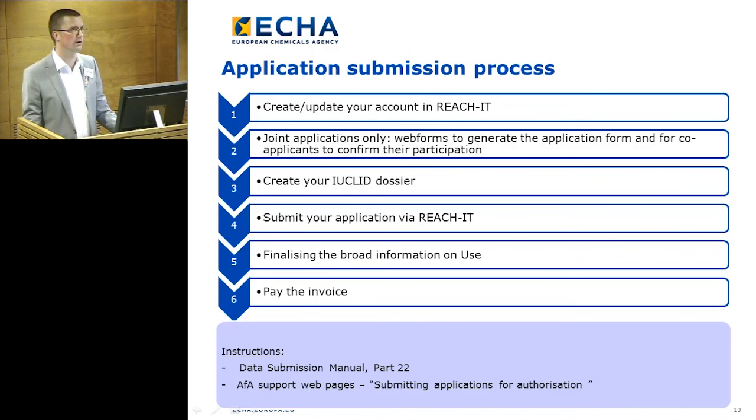Then you need to create your IUCLID dossier, submit your application via REACH-IT, and finalize together with us the broad information on use. We will comment on it and prepare the broad information on use to be published on the website, and you can actually comment on that as well. That will be explained further on as well. And then last but not least, we'd like you to pay the invoice on time.